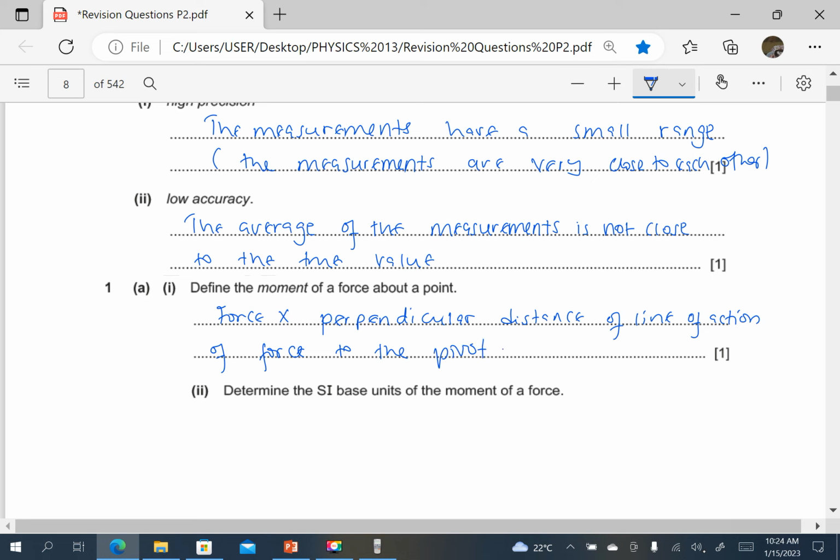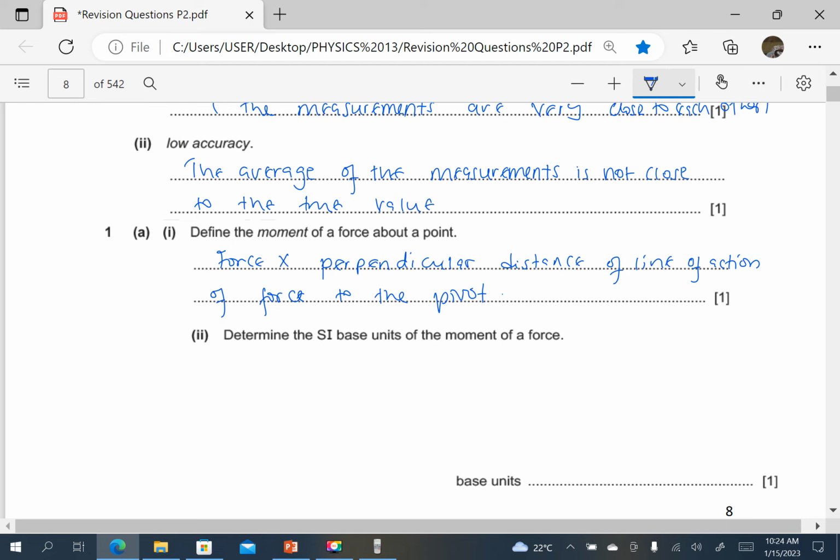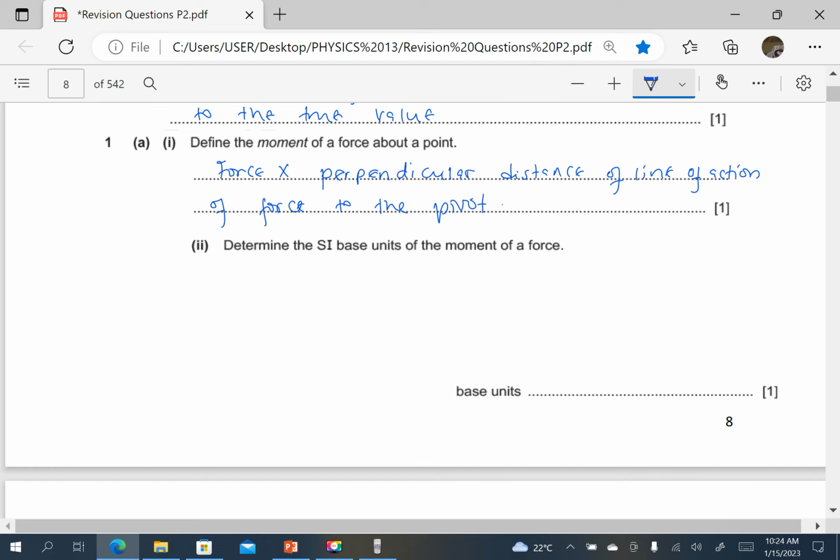In other words, it is force times perpendicular distance to the pivot. That is moment of a force. We shall see that in force, density, and pressure.